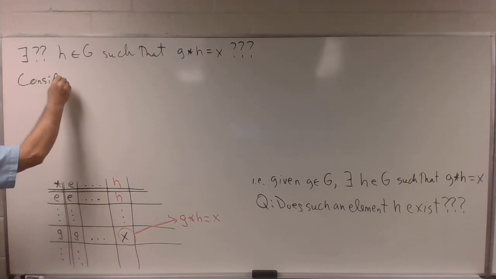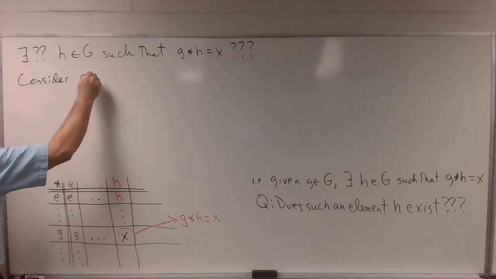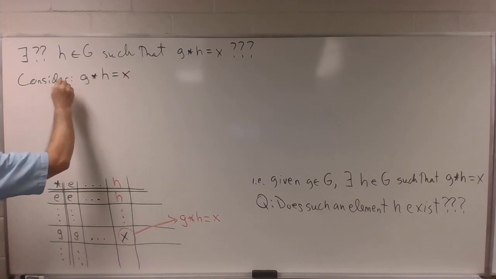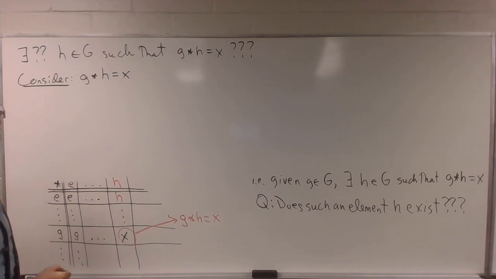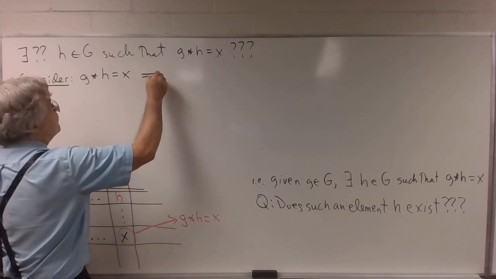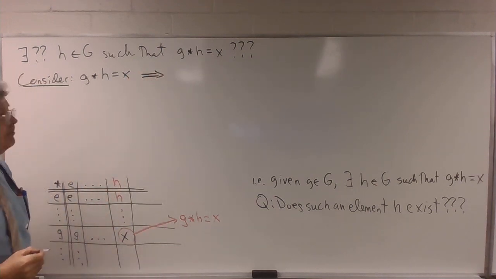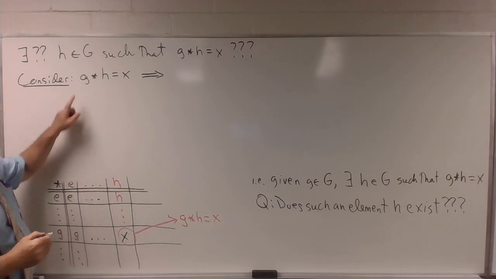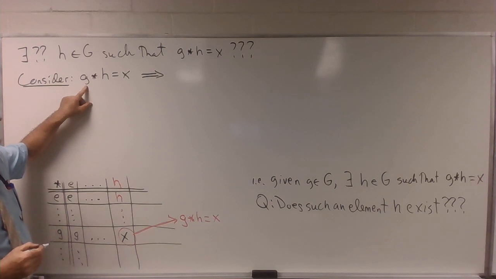Well, let's look at that equation. Because this is a group, the element g has an inverse.